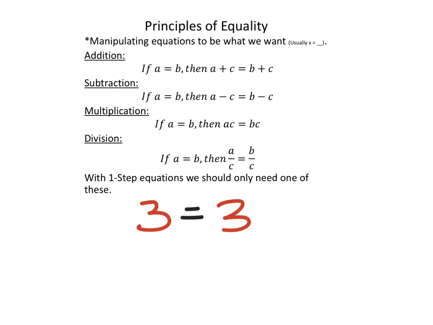Well, as it turns out, if I said 3 plus 1, see how I added that 1 in purple? If I only do it to the left side here, it gives us a false statement now, right? You end up with 4 equals 3. So if I do it to the other side, though, then it remains true. Okay? Because now 1 plus 3 equals 4, and 3 plus 1 is 4.